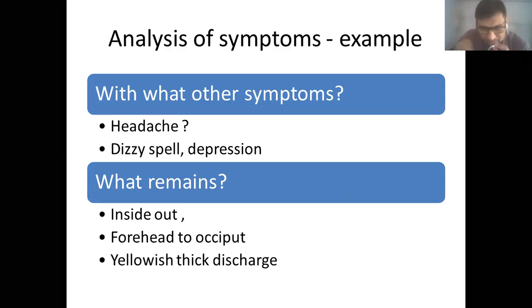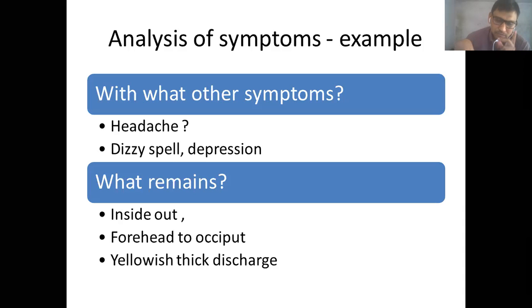So everybody agrees that dizzy spell and depression are two other symptoms not related with the nose and paranasal sinuses. Sir, headache is related to the nose, right? Because paranasal sinuses cause headache.